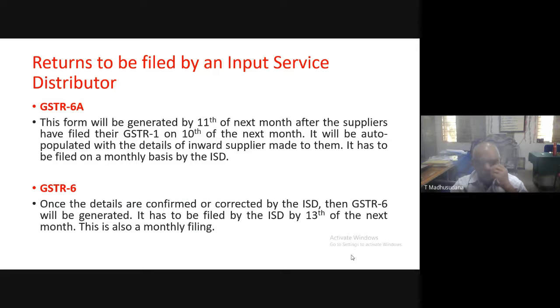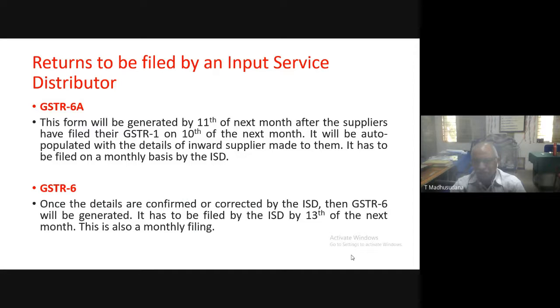The auto-populated information in GSTR 6 is confirmed or corrected by the input service distributor, then GSTR 6 will be generated.